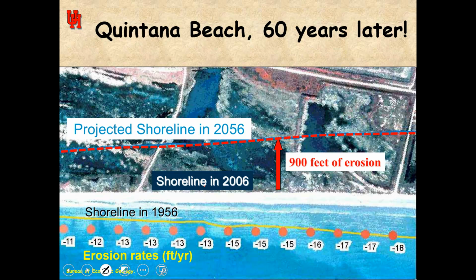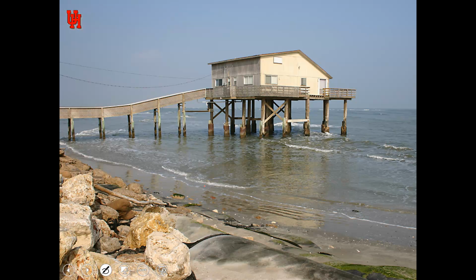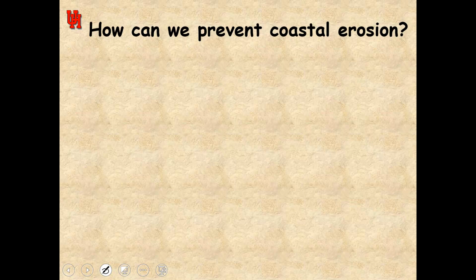So this is an area that's eroding, one of the fastest erosion rates of any place along the Texas coast. Okay. And of course, homes that were built in that area well behind the dunes and behind the vegetation line are now actually trespassing on state land.